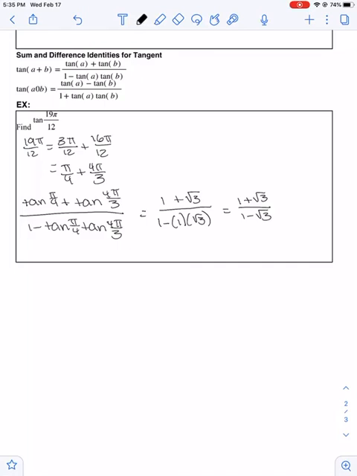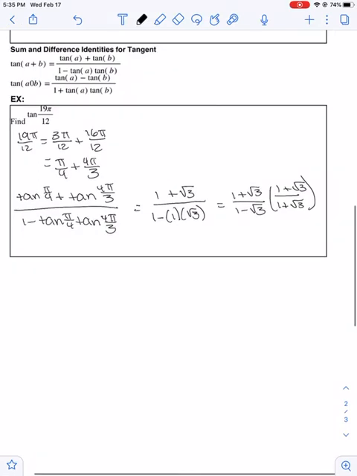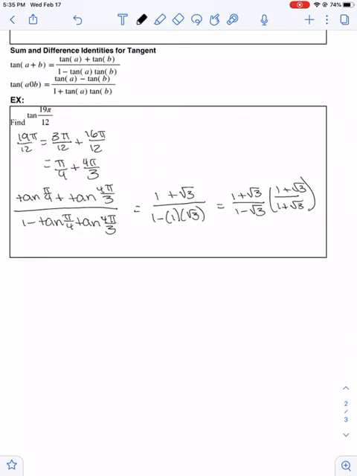And you can't have that radical in the denominator, and when there's something with it, you're going to multiply by the conjugate. Our conjugate here would be 1 plus square root 3. You only change the sign in front of the radical.